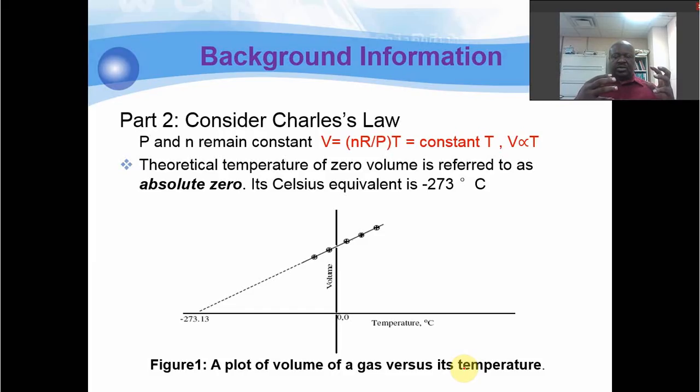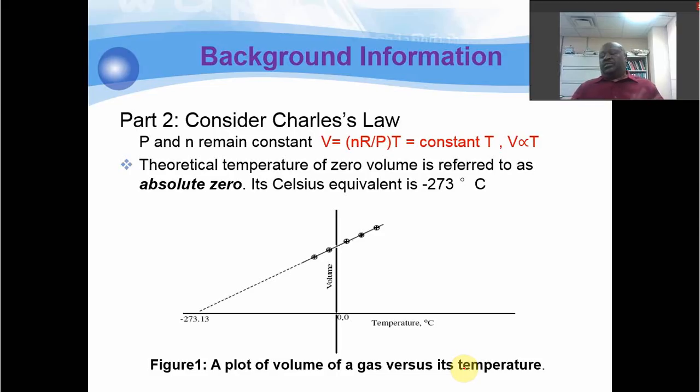Maybe you could do it with a syringe. If this were really movable, you could control a fixed number of moles, you could control the temperature in here, and as you warmed up, this would go up a little. So you could use this if it were not very stuck.